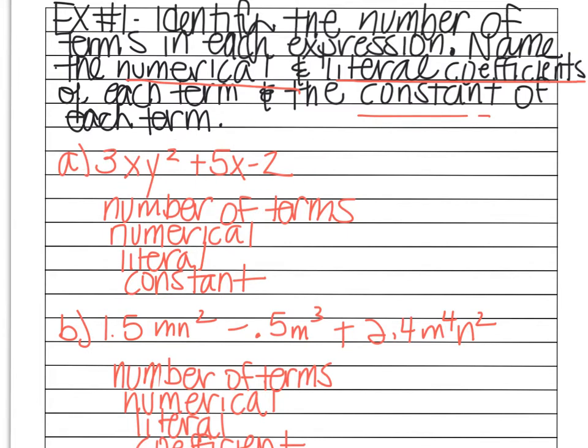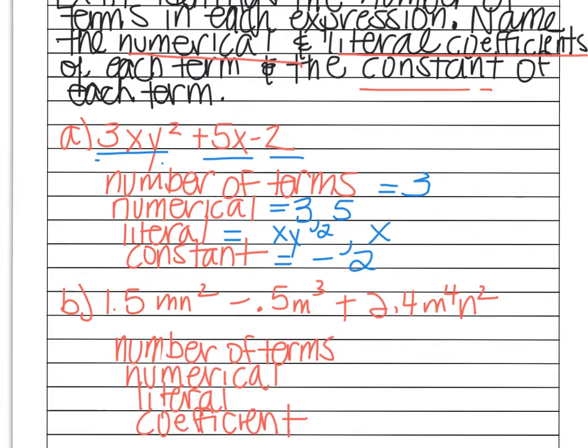If it asks how many terms we have, I have 1, 2, 3 terms. So I can write 3. Numerical coefficients would be 3 and 5. The literal coefficients would be the xy squared and the x from the 5x. And the constant would equal -2.